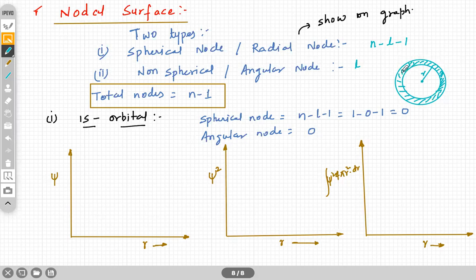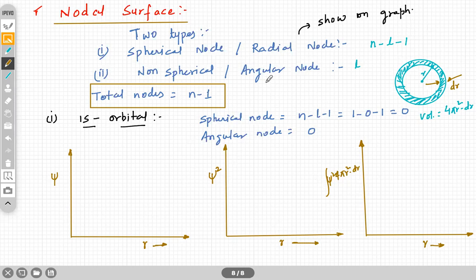Right, so this surface area, if you multiply it with the thickness, gives you volume. So the volume of this shell is the surface area, 4 pi r square, into dr, because the thickness I am assuming here is dr. And we already know that psi square is the probability density function.